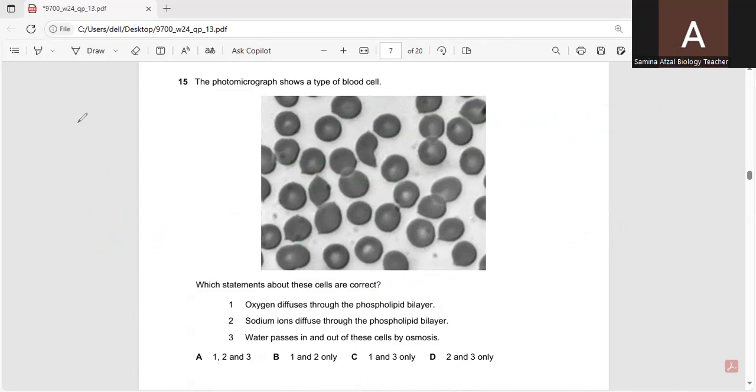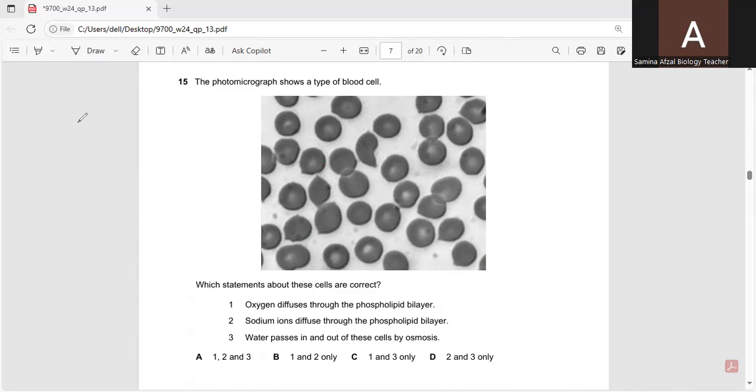Statement number 1 is: oxygen diffuses through the phospholipid bilayer. The function of these red blood cells is the transportation of oxygen. During gas exchange, oxygen is a small non-polar molecule. The cell membranes of these red blood cells are phospholipid bilayers.